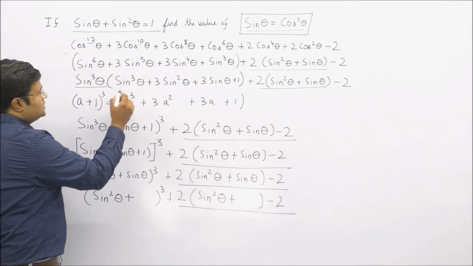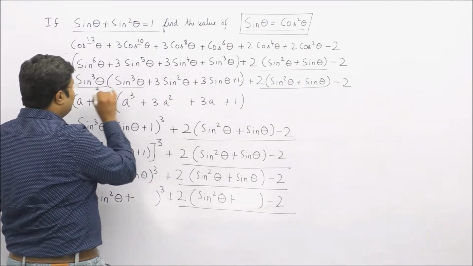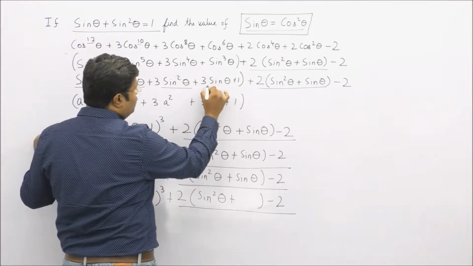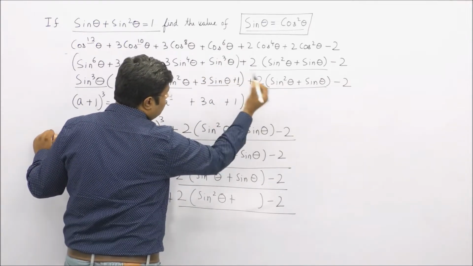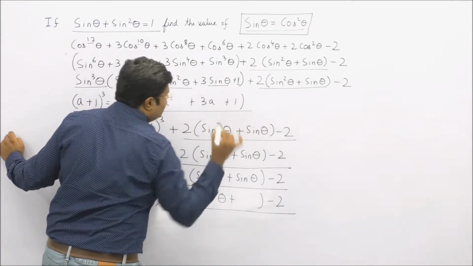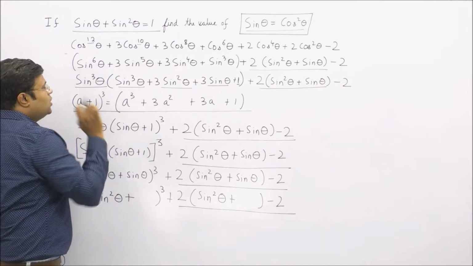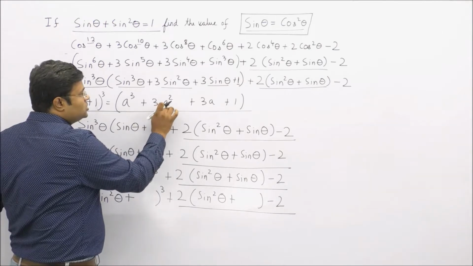Now the sin to the power 6 becomes sin cube theta. The 3 sin to the power 5 becomes sin square theta. This to the power 4 becomes sin theta, and this cube whole thing gets common, so we have 1. Now I have written this formula separately for everyone to remember that a plus 1 the whole cube is a cube plus 3a square b.